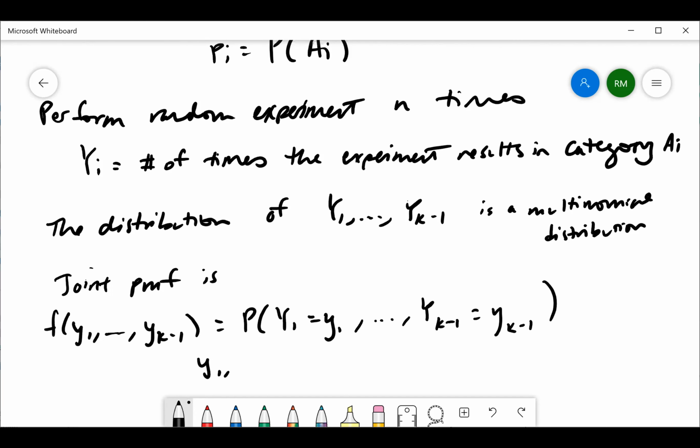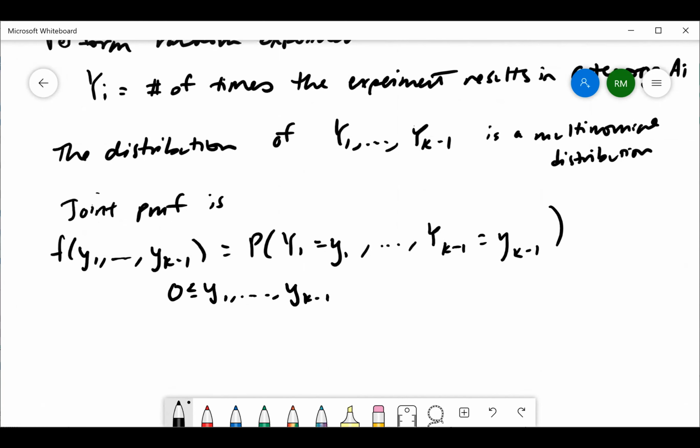And we know these numbers are all non-negative. So you might be wondering why we dropped the kth term. Well, that's because we know that they all must add up to n.